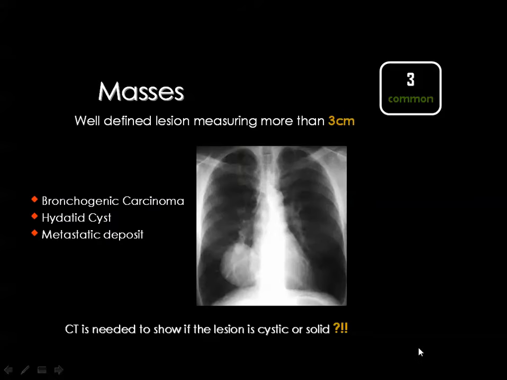Then we finish about the nodules, and the question is, ask yourself: is there any nodule in the lung that is common in clinical practice, so as to be seen once per year during your clinical practice?